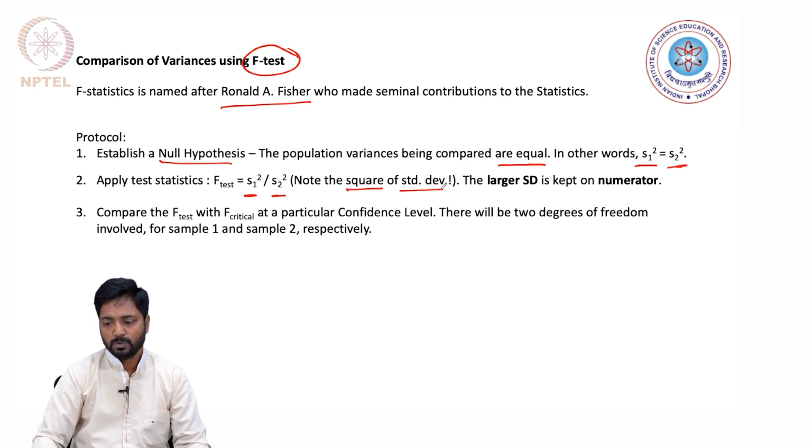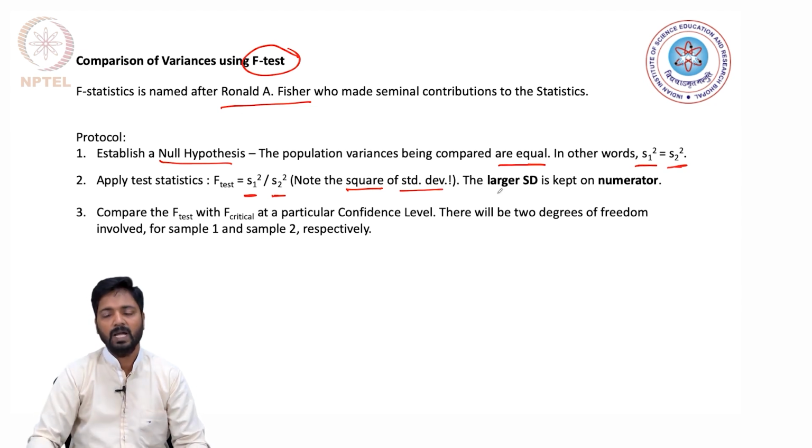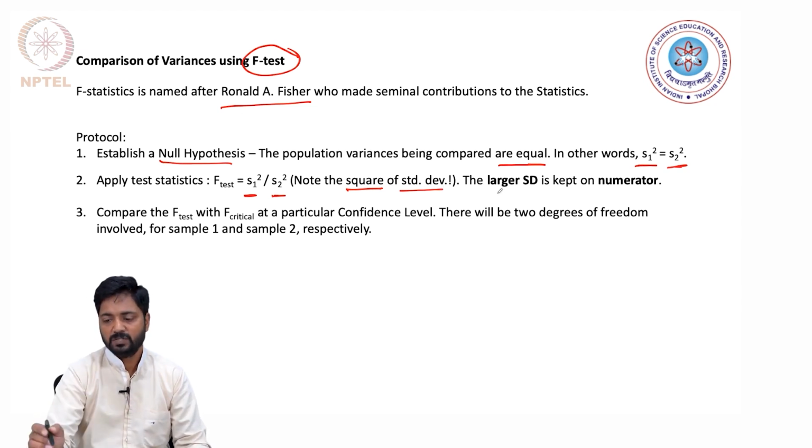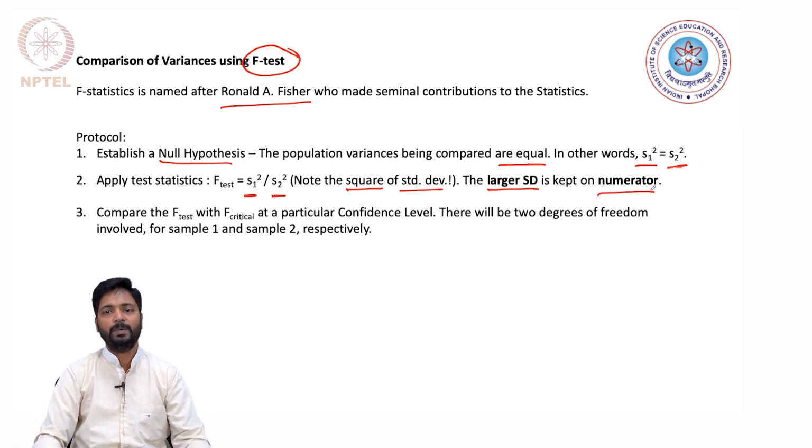So also note that when you are calculating the F test value, you keep the larger standard deviation value in the numerator. So this is a protocol that needs to be followed to obtain the F test value.